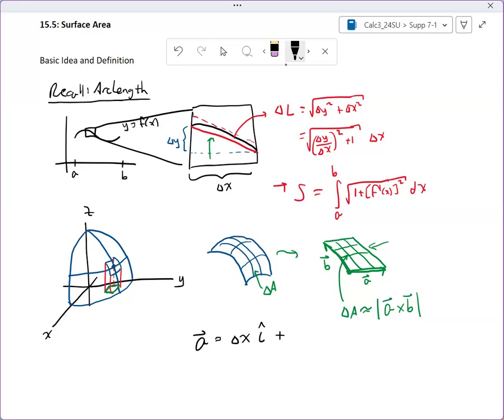And then its height component, its k component, is going to be Fx delta X. And then similarly for B, when I move a little increment in the Y direction, the X component doesn't change at all. The Y component is just delta Y, and then the change in height moving in this direction is Fy delta Y k hat.